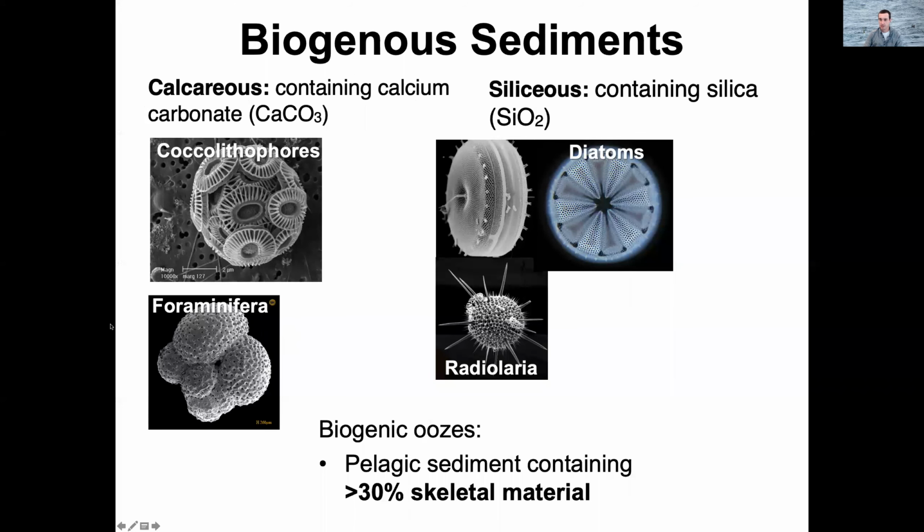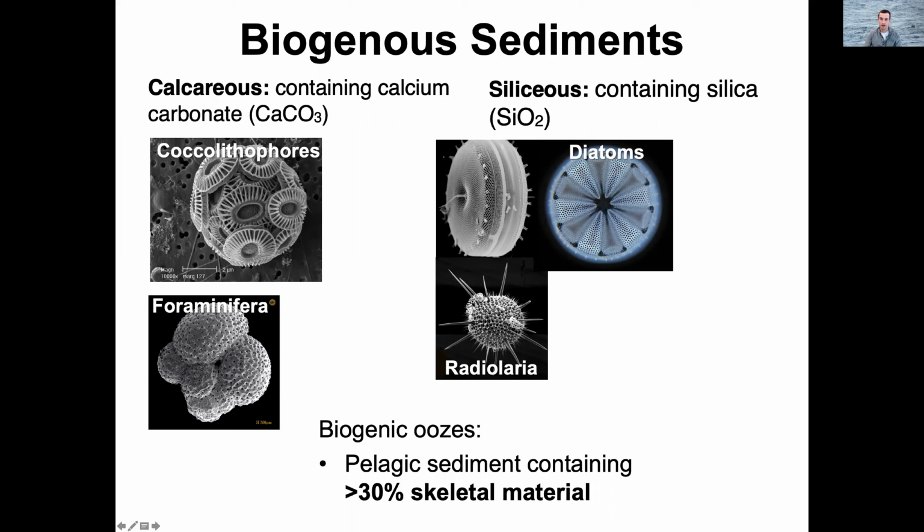So biogenous sediments, the two that mainly show up in our deep sea, at least that show up and are preserved for a long time, are calcareous sediments and siliceous sediments. Now, calcareous sediments are formed from organisms that have shells made out of calcium carbonate.